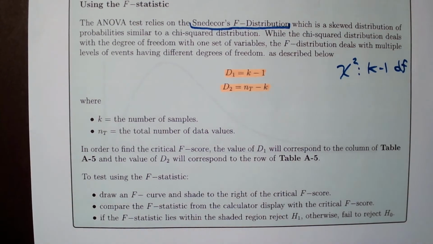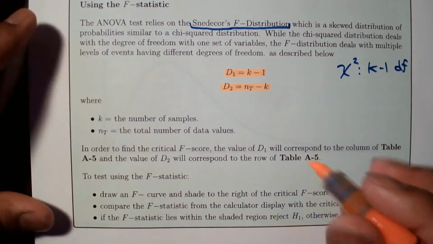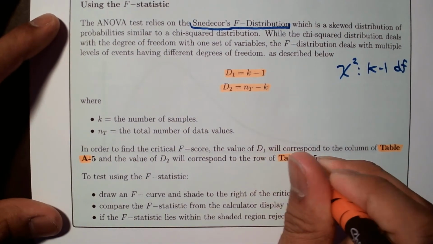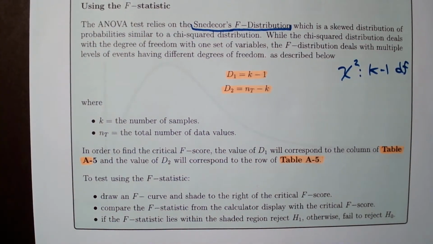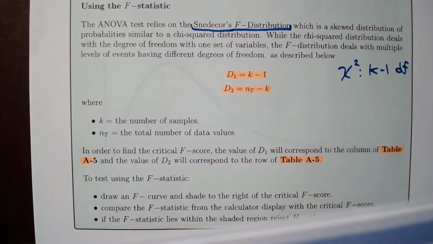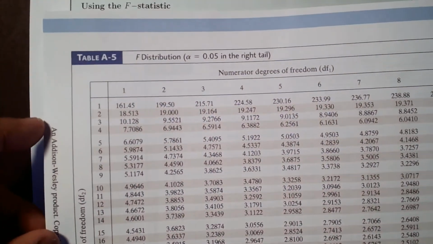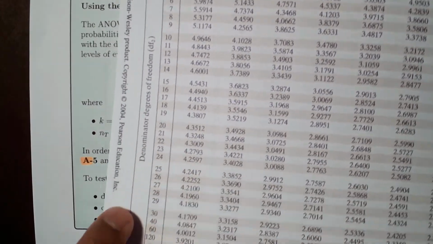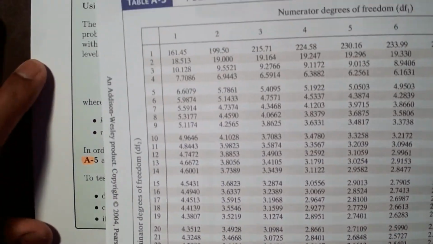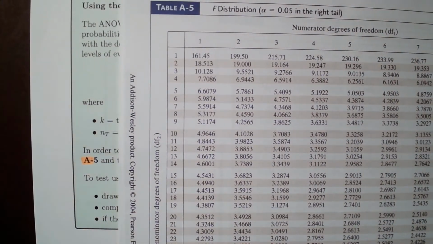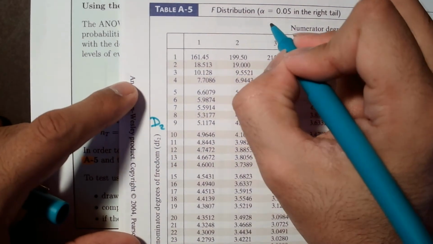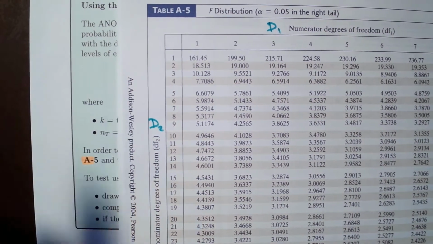It's going to be table A5, which you will find as a separate document. Numerator degrees of freedom, they call it, and denominator degrees of freedom. More easily, let's call this D2, and let's call this D1.